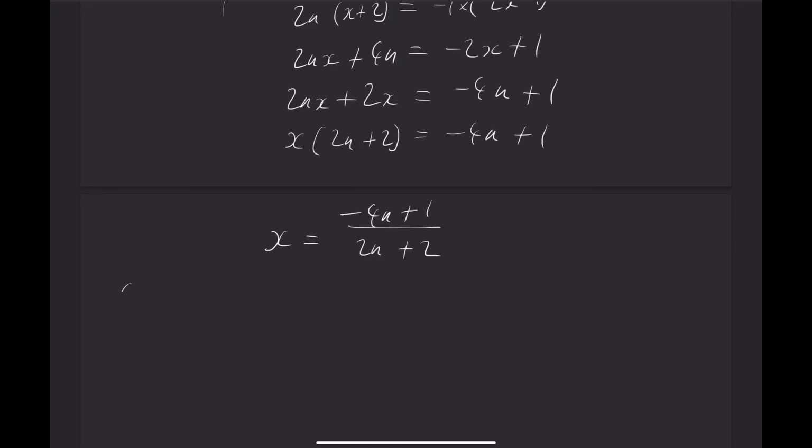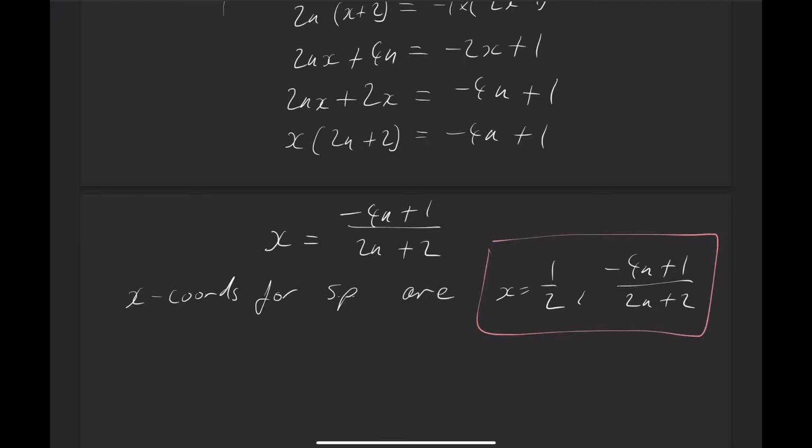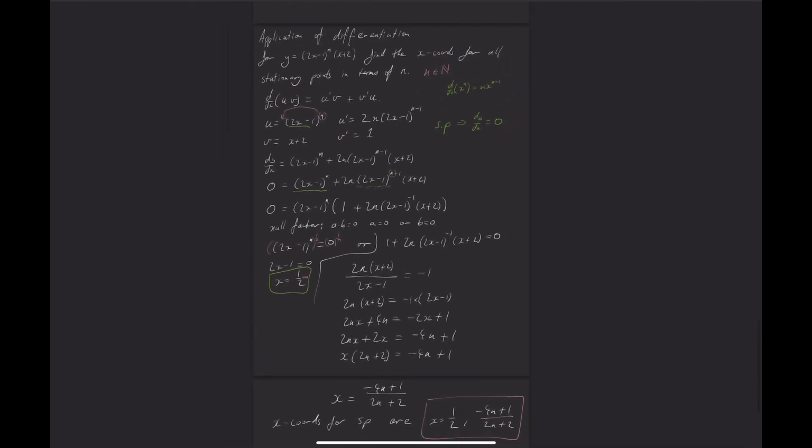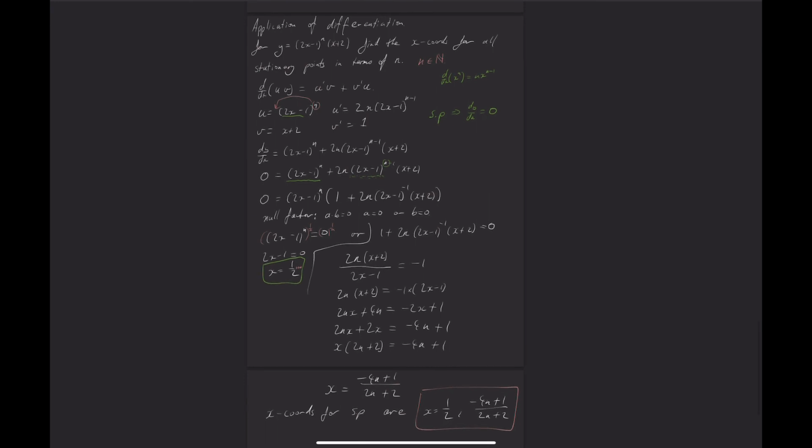So my x-coordinates for stationary points are x equals 1/2 and (negative 4n plus 1) over (2n plus 2). Okay, that's it. Good luck.